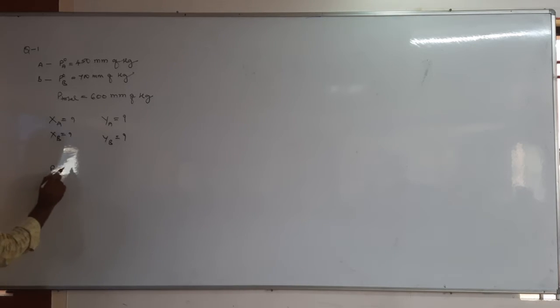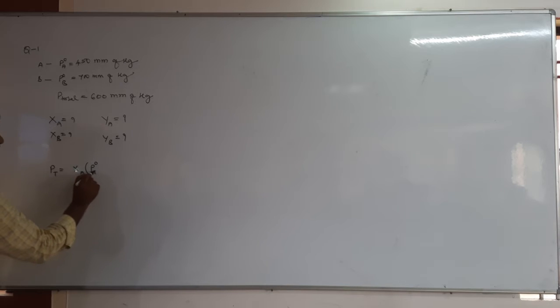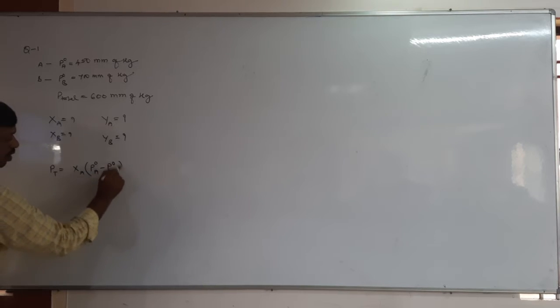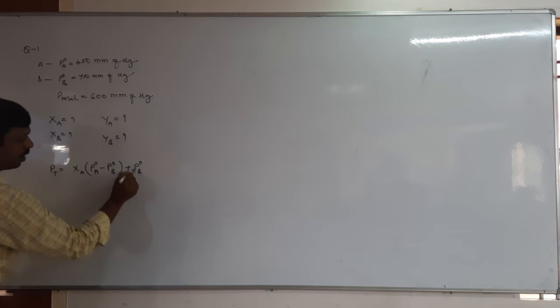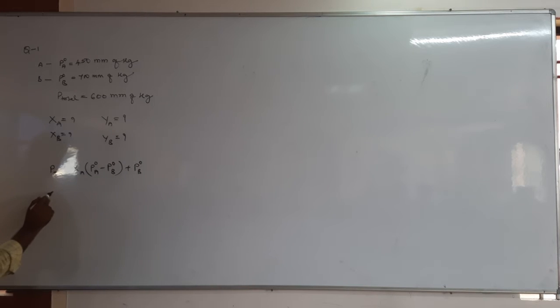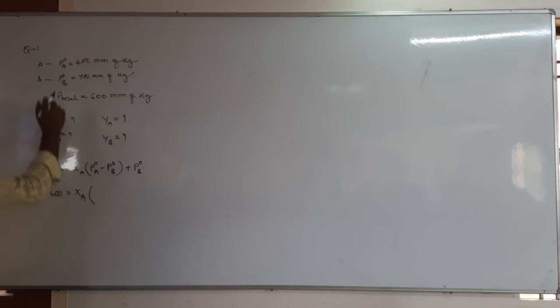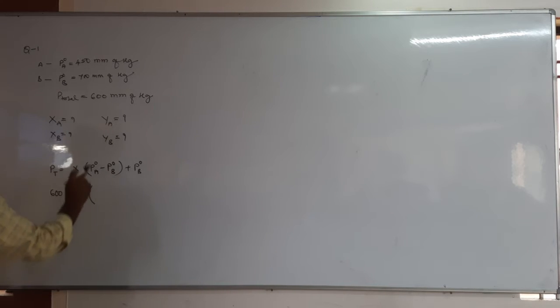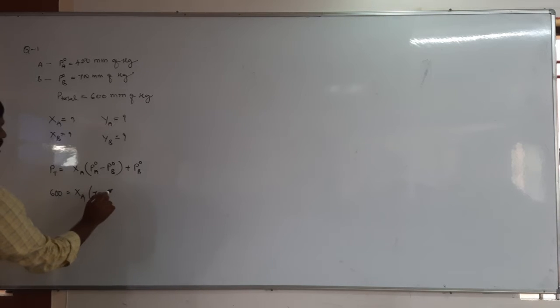P total equals XA into (P naught A minus P naught B) plus P naught B, directly can write. So P total is given, do it all of you, 600 equals XA, we have to calculate, into P naught A. You should take higher minus lower, that is 450, right?